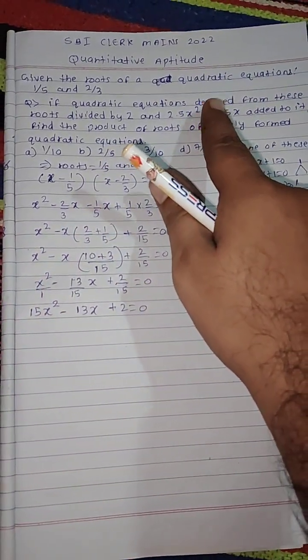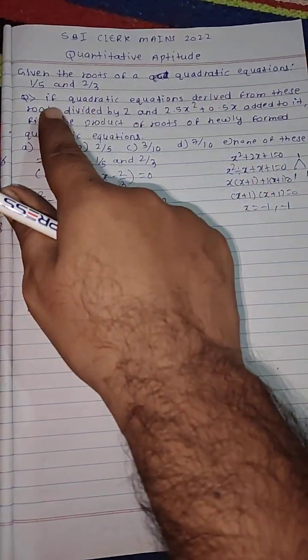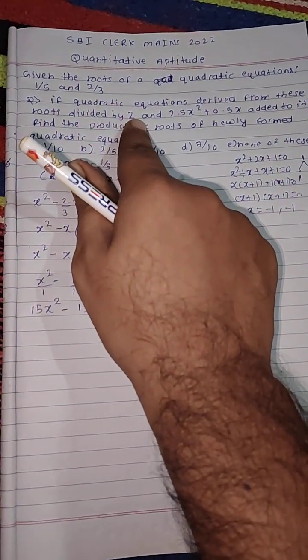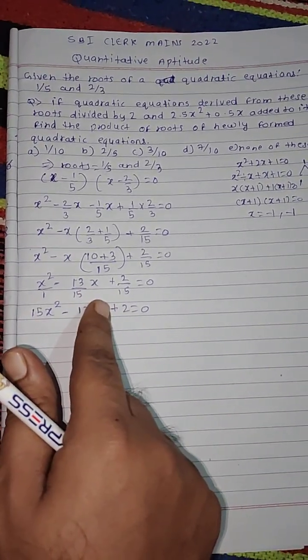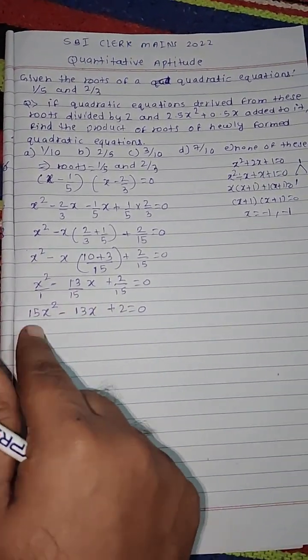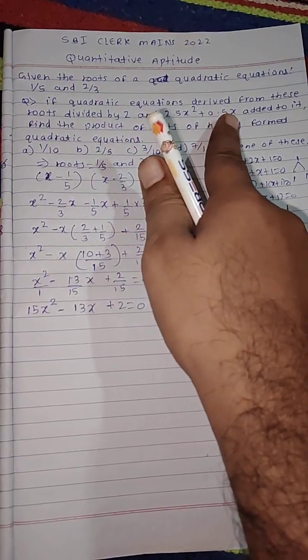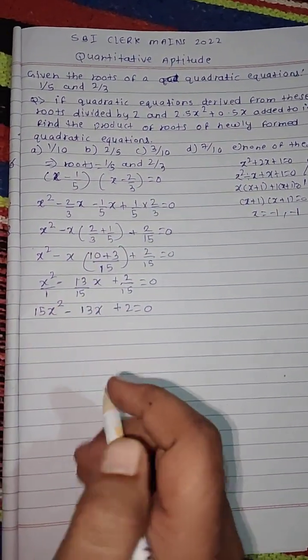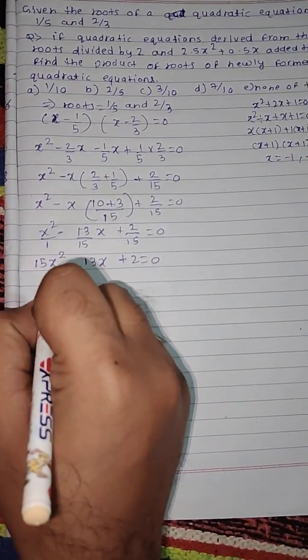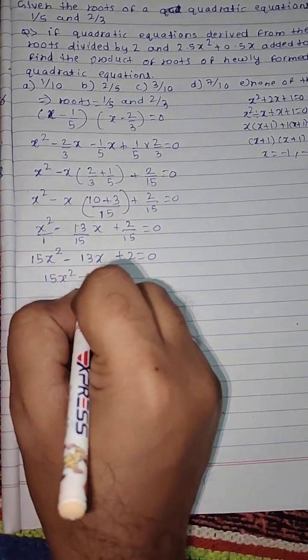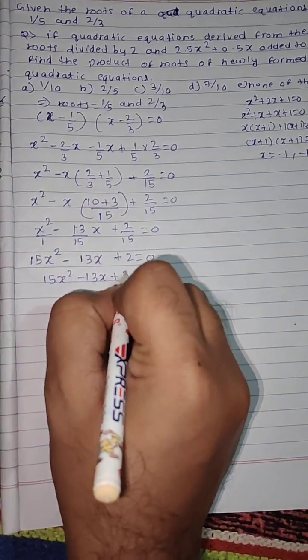So next what we need to do, the quadratic equation derived from the roots, we need to divide by 2, and we need to add 2.5x square and 0.5x to this equation. So I will just write here. 15x square minus 13x plus 2.